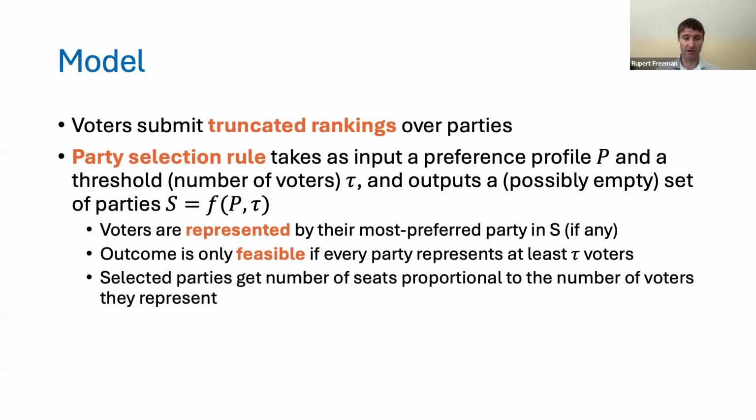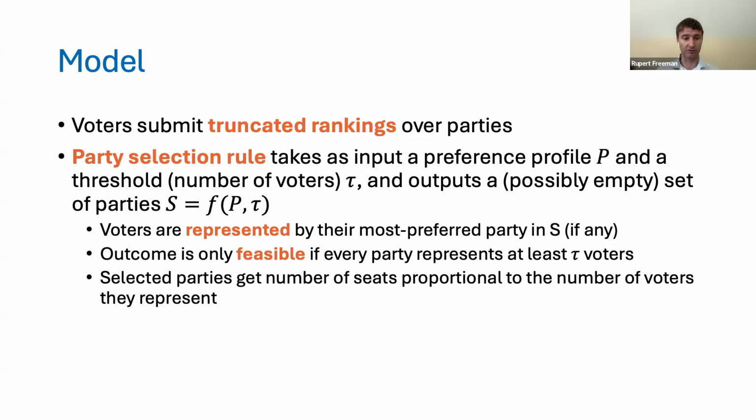There are going to be some conditions on this set, though. We'll say that voters are represented by their most preferred party in S. And then we'll say that an outcome is feasible if every party represents at least tau voters. Another way to say that is that every party in the parliament must be the most preferred party among those in parliament of at least tau voters.